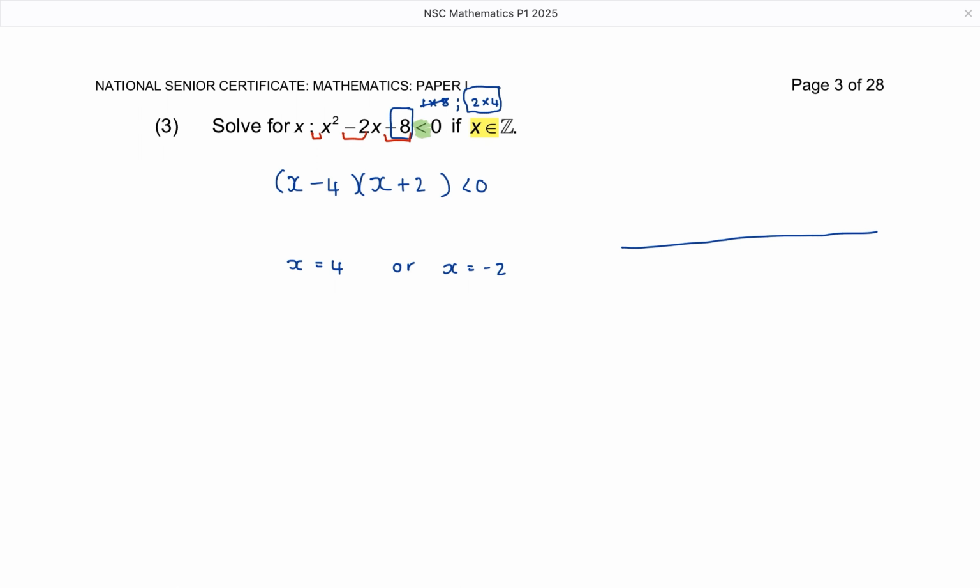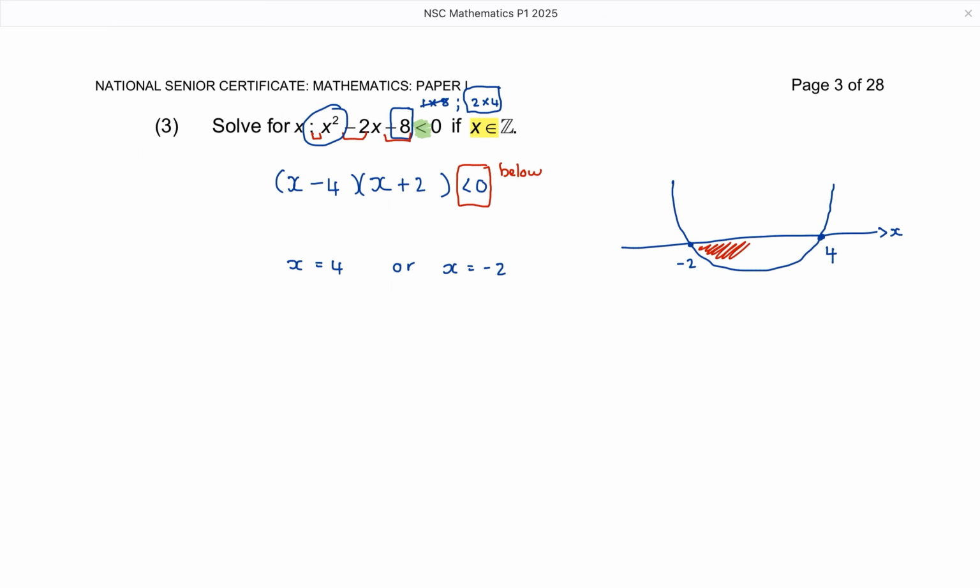So to figure this out, I usually draw a little parabola for myself. This is a positive parabola because the a value is positive, and then the x-intercepts go from smallest to biggest. This question is asking us where it is below 0 or smaller than 0, which means negative, or it means below the x-axis.